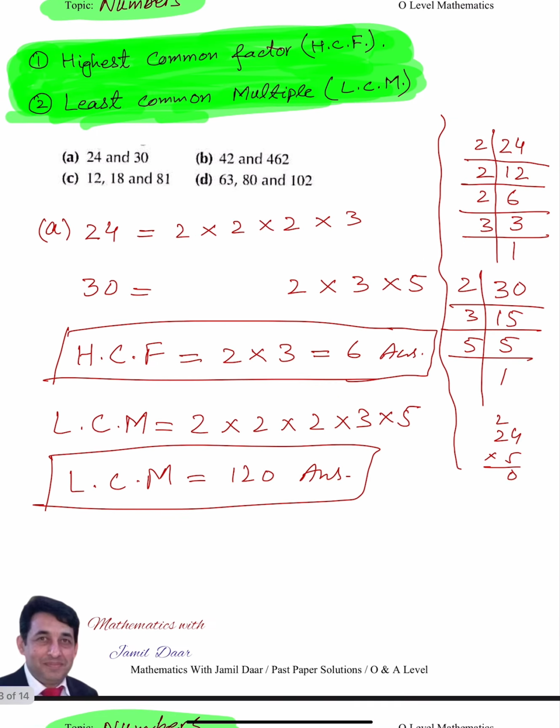I like this one personally because students don't make mistakes in doing this. They just compare and see how many are common and write them to find the HCF, and commons and non-commons to find the LCM. That makes it very easy for students.